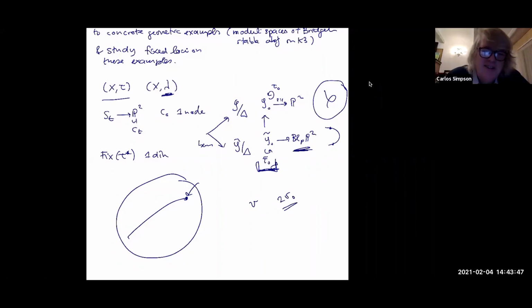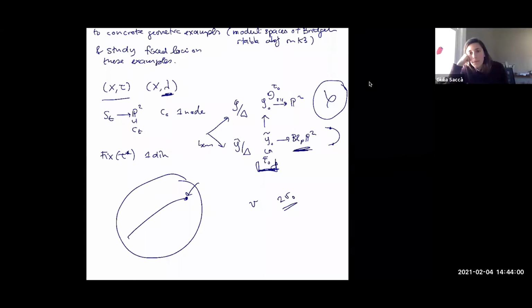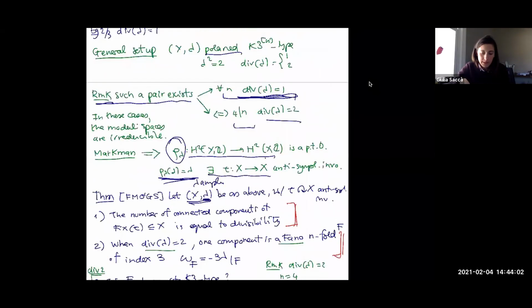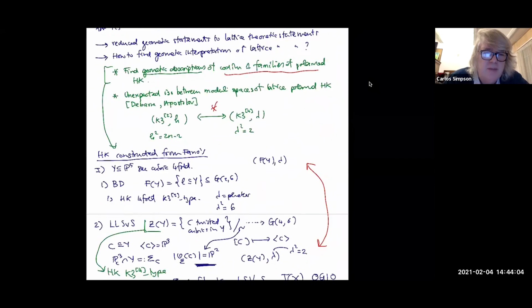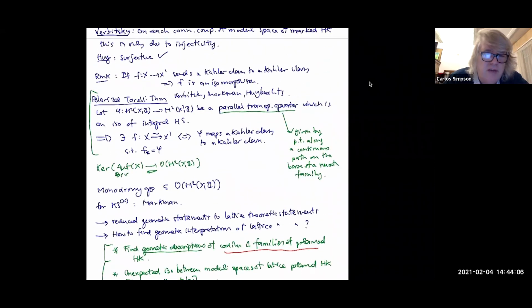Can I ask another question? Sure. When you go from having the class lambda to getting the involution, are you using the Hodge conjecture in some way there? No, just Torelli. Let me remind you what the statement is.